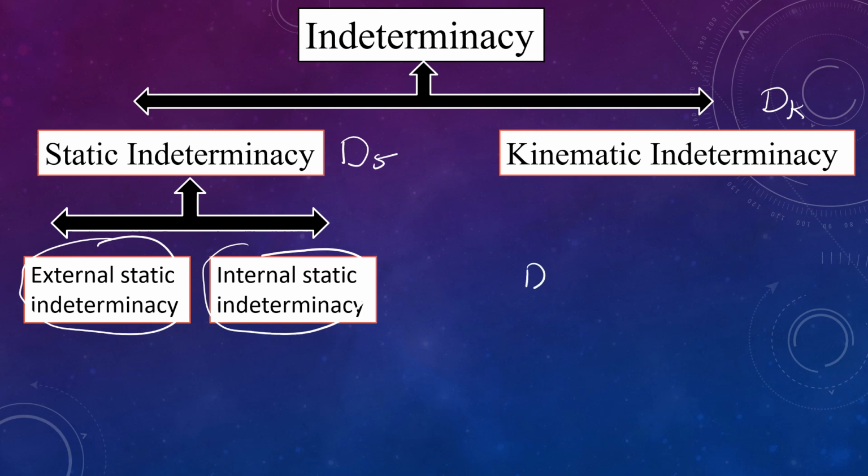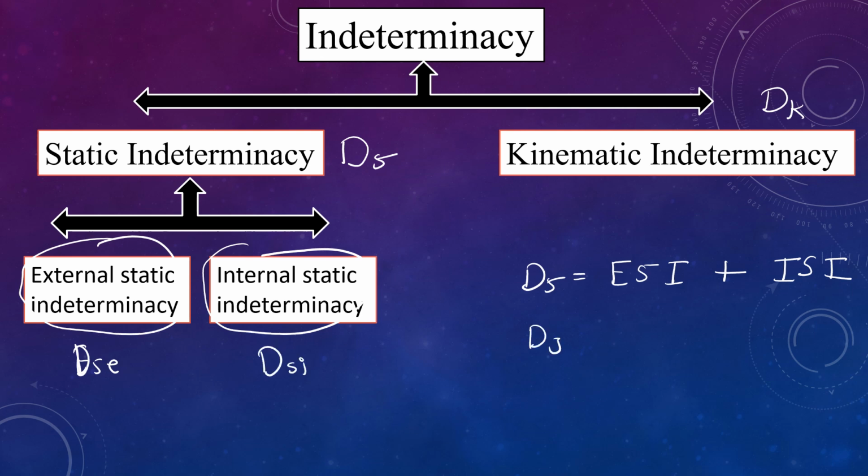So DS is external static indeterminacy plus internal static indeterminacy. Okay, addition of these two is nothing but static indeterminacy. External static indeterminacy is represented by DSE, and internal static indeterminacy is represented as DSI.